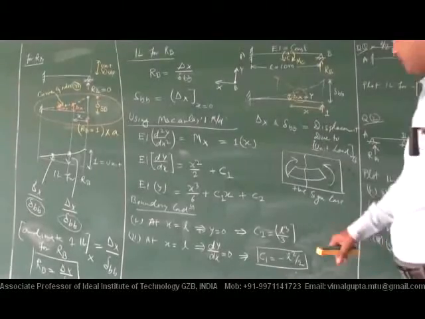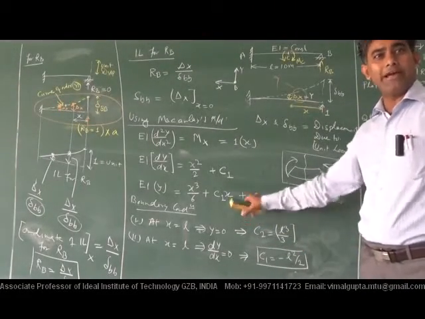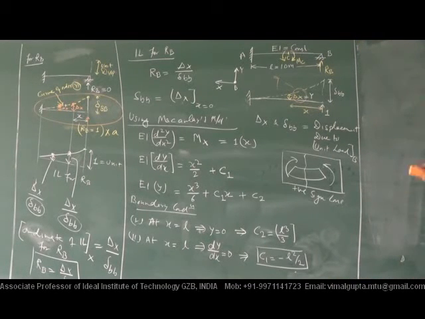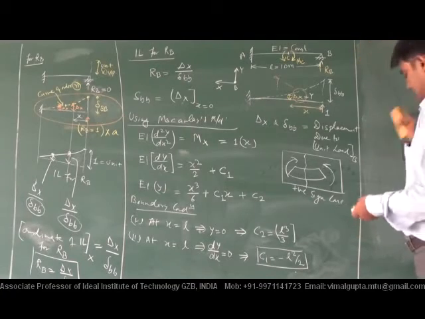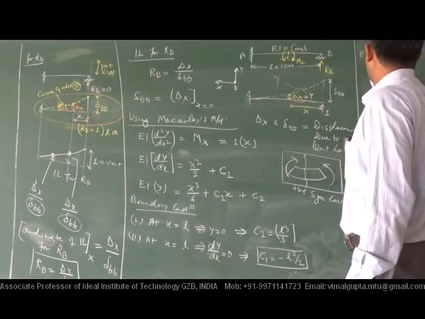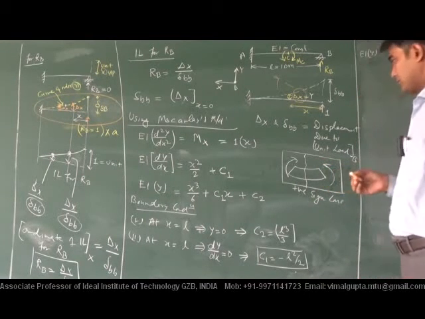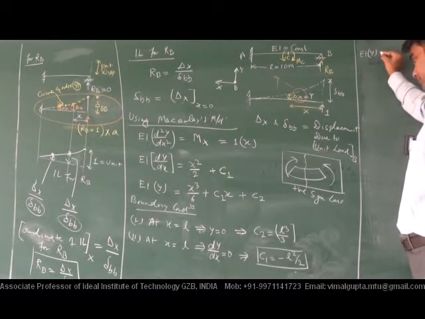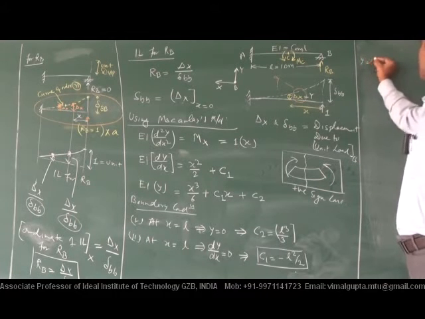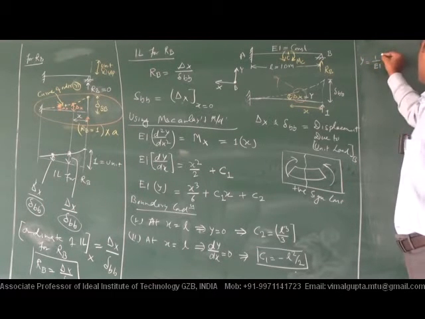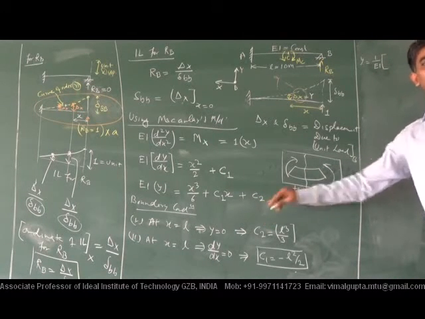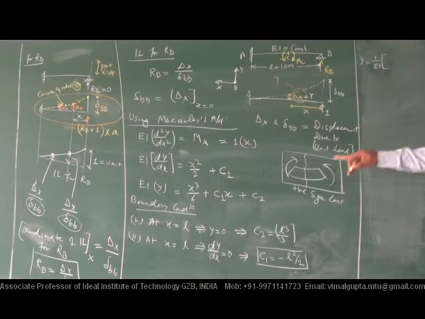So put this value here. Put this value here. We will have EI into Y equals to, we have Y equals to 1 by EI times of, from this expression, after putting the value of C1 and C2, I have value of C2.